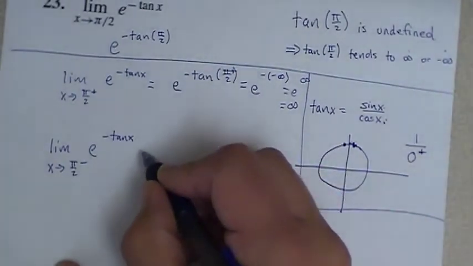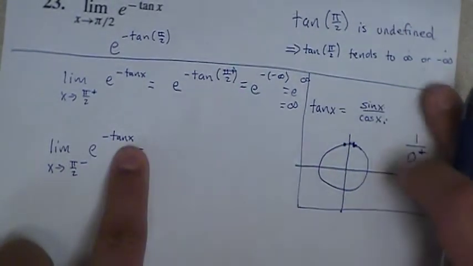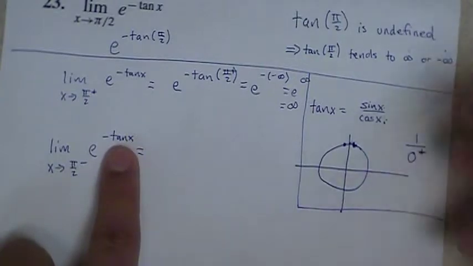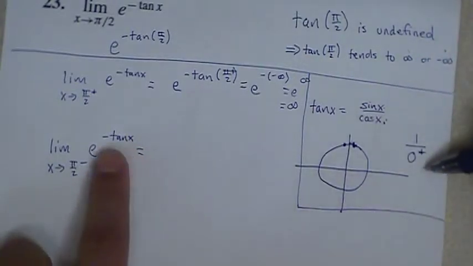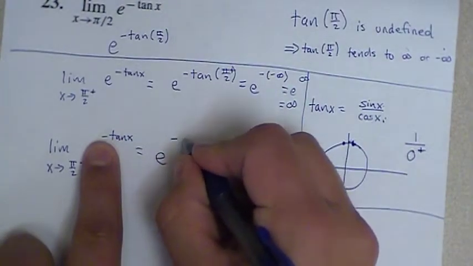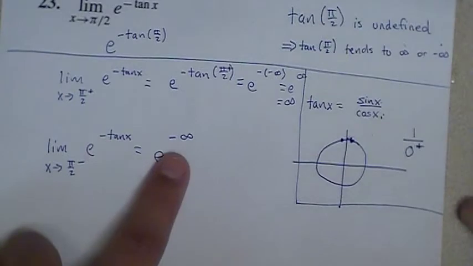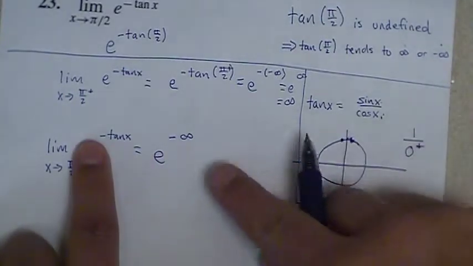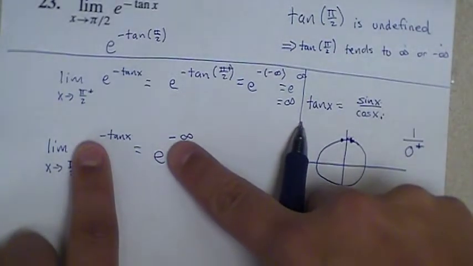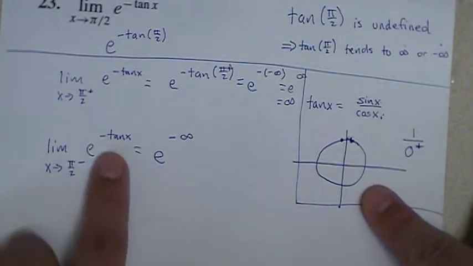So whenever I put my number slightly smaller than pi by 2 in place of this x, we've already evaluated tangent of that value. We get infinity. Now again, we have to be a little careful because we have this extra negative that we're picking up right here. So I'm going to have e to the negative infinity, right? The negative comes from the original function, and the infinity comes from our answer over here that we used the unit circle to find.